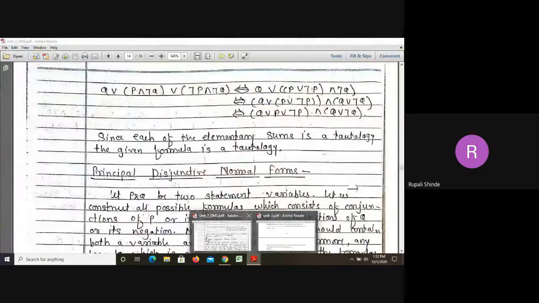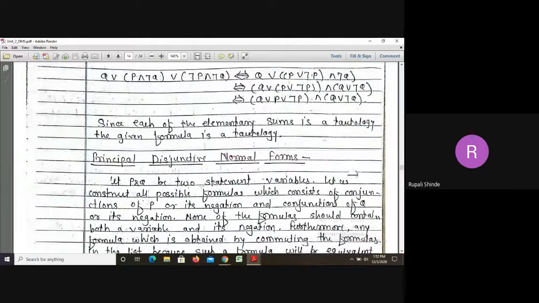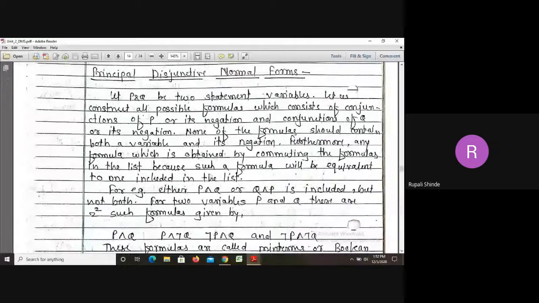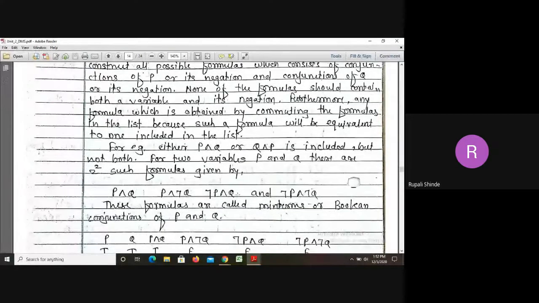Now we will see the remaining two forms, that is principal disjunctive normal form, PDNF, and principal conjunctive normal form, that is PCNF. First of all, they have given an example for minterm.